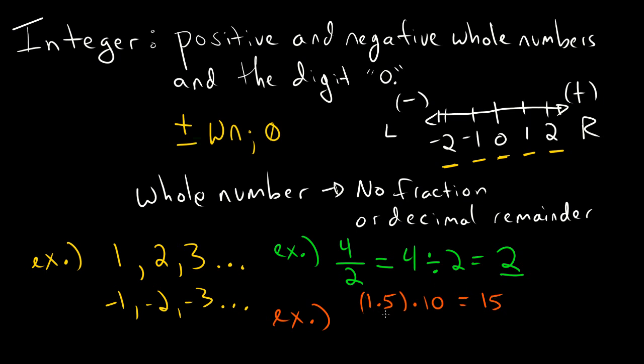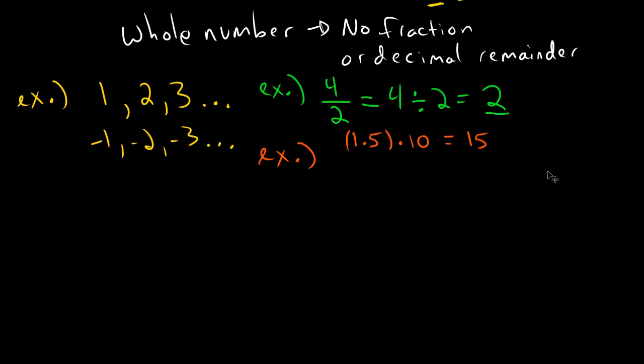So again, even though there was a decimal here and the 1.5, our answer eventually simplified to a number that is a whole number. And so it is going to end up being an integer once it is simplified.